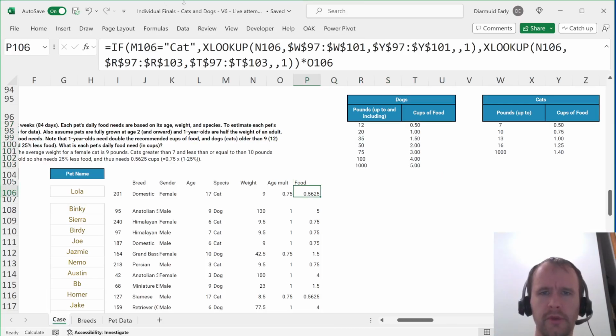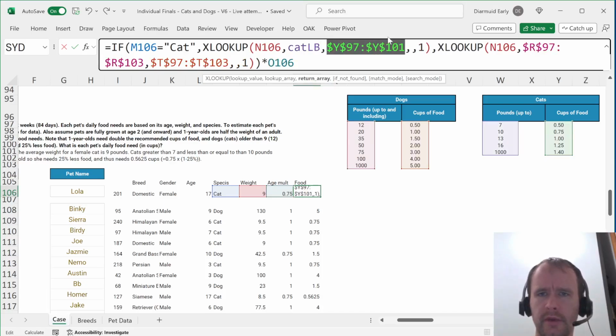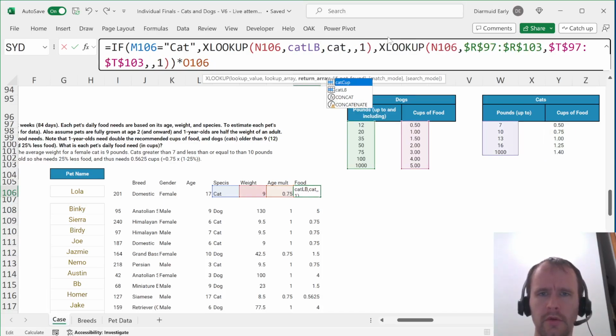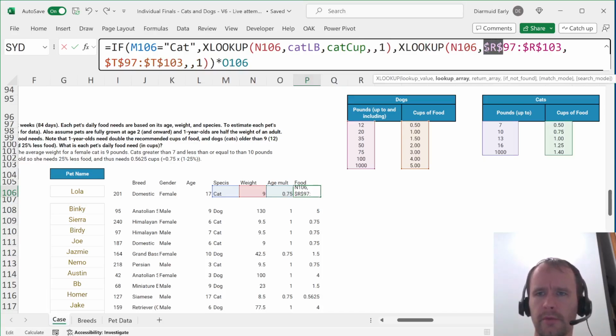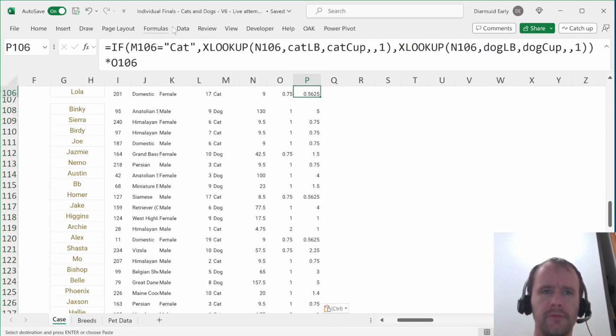So then let's come here. If it's cat, we're looking up in cat LB, returning from cat cup. Otherwise, we're looking up in dog LB, returning from dog cup. Should have really named the named ranges in the first place, so I didn't have to do all that faff, but whatever. Here we go.